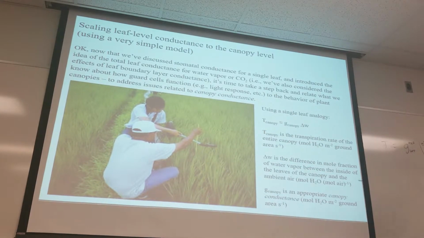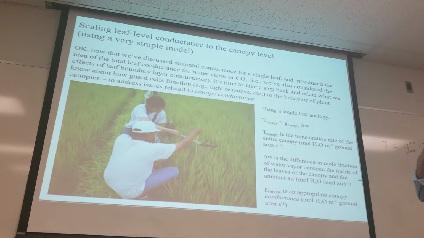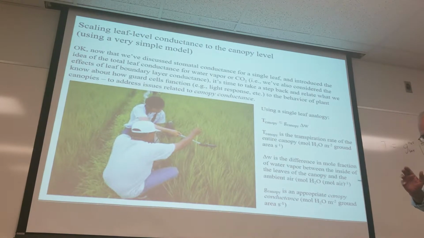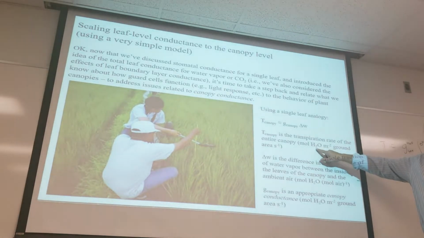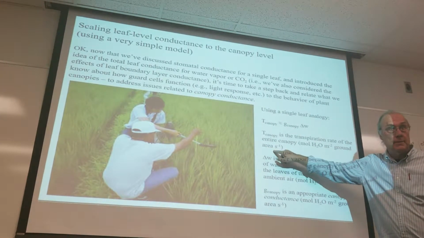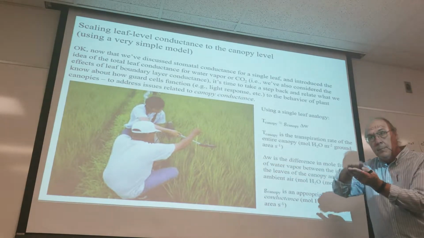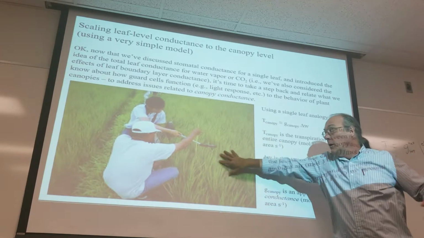And in this case, this canopy conductance term is, if we're interested in physiology, easiest to deal with in units of moles of water vapor per meter squared of ground area per second. So we're going from leaf area to ground area because we're interested in all these leaves in the canopy.